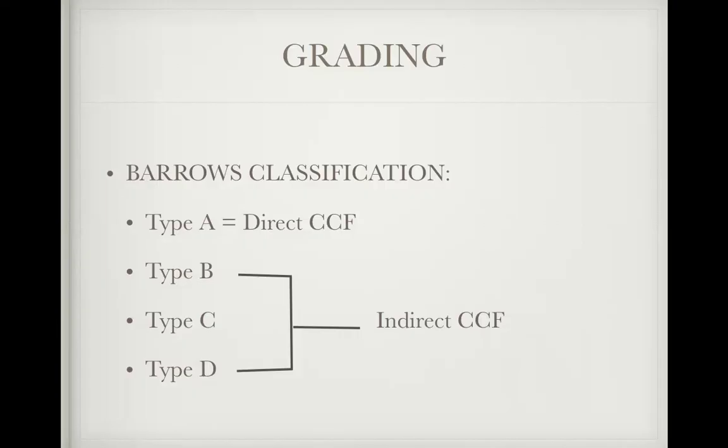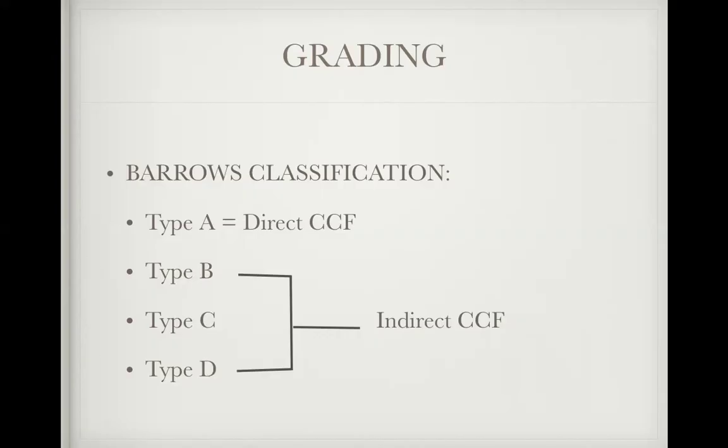So in type A, basically, it's a direct carotid cavernous fistula where there's a tear in the internal carotid artery as it passes through the cavernous sinus. So it's directly leaking blood from the ICA into the cavernous sinus.